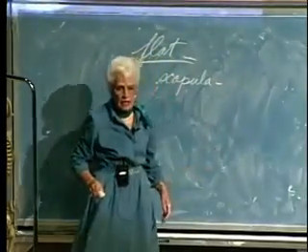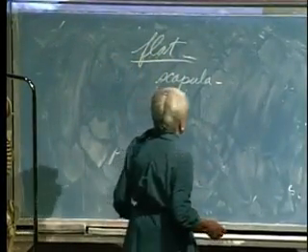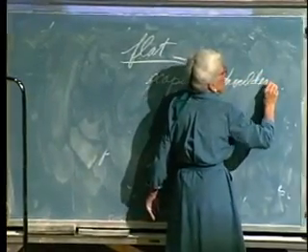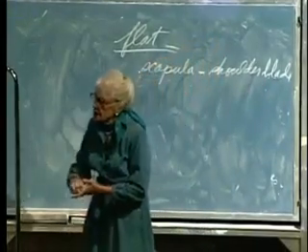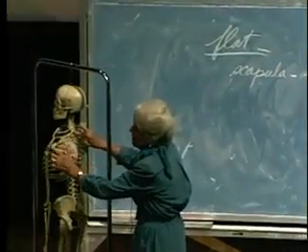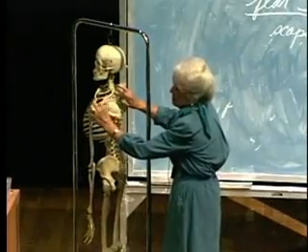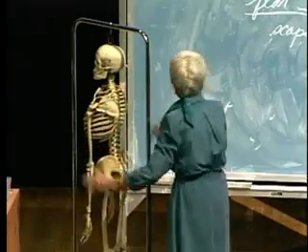What's a common name for it? Shoulder blade. The blade is actually the spine of the scapula. That's where it gets its name. That's a blade. That's no blade. That's the spine of the scapula.